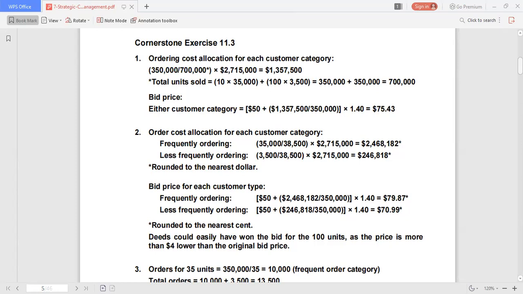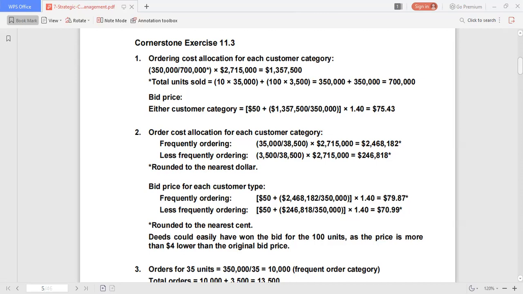The activity capacity is 39,000 orders. Thus, the total order filling cost is 39 steps, which is taken by dividing 39,000 by 1,000, and each step costs 40,000, plus $30 per order times 38,500, which is the total of 35,000 and 3,500, giving 2,715,000.